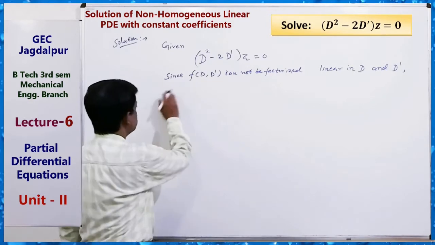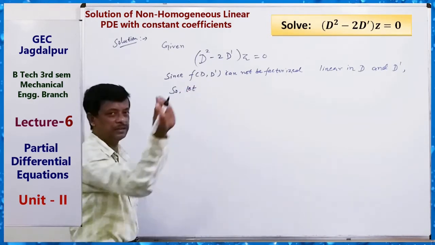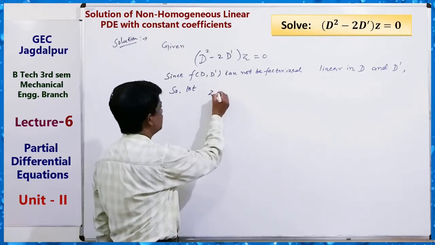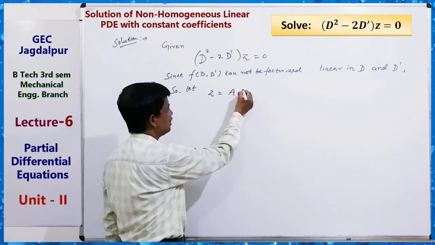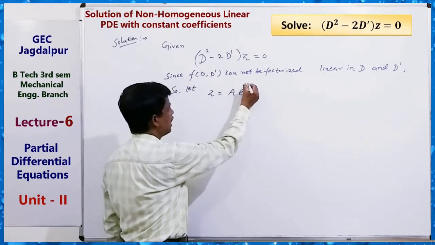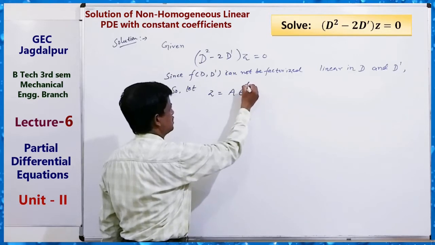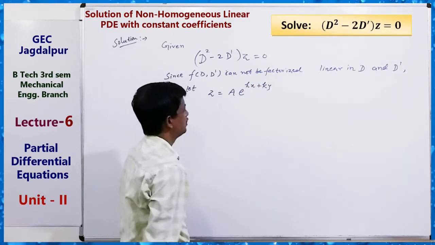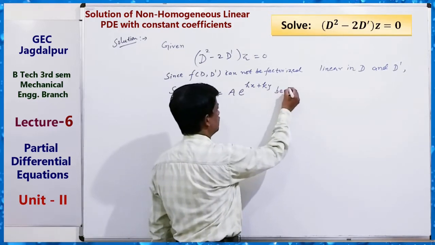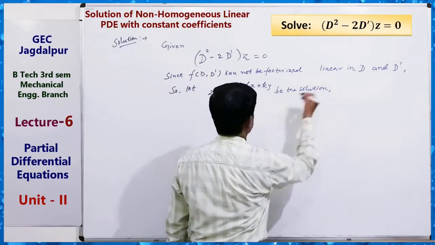So in this case, let us use the other method. Z equals to a constant a times e to the power hx plus ky, suppose this be the solution.